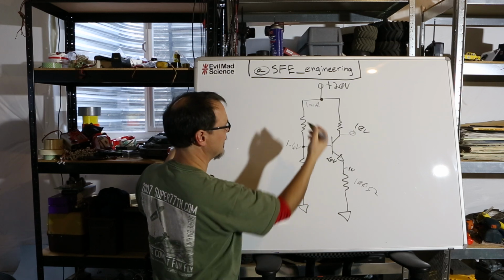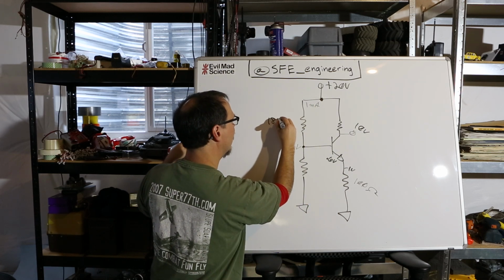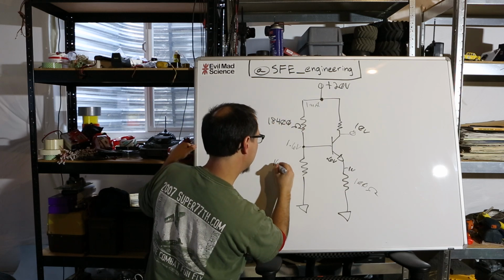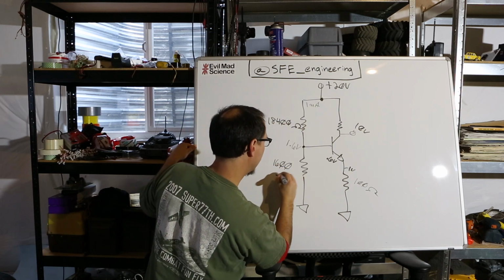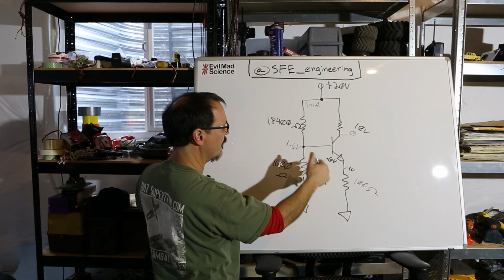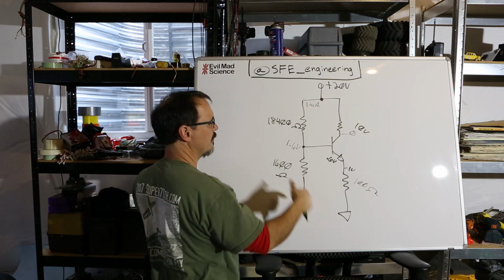And if that's the case, then you calculate it out and this gives me 18,400 ohms here and 1,600 ohms here. Now, that gives me the resistor divider that puts 1.6 volts there and allows 1 milliamp through this branch, swamping out that effect.